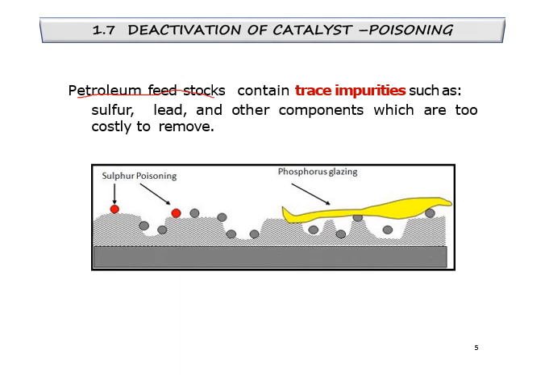Examples of poison molecules in petroleum feedstocks are sulfur, lead, and other components like phosphorus. Because of these poison molecules, it would affect the active sites here. So it will contaminate the active sites and degrade the catalytic activity. Another example here, if there is phosphorus, it will cover all these active sites. So again, it will degrade the catalytic activity.